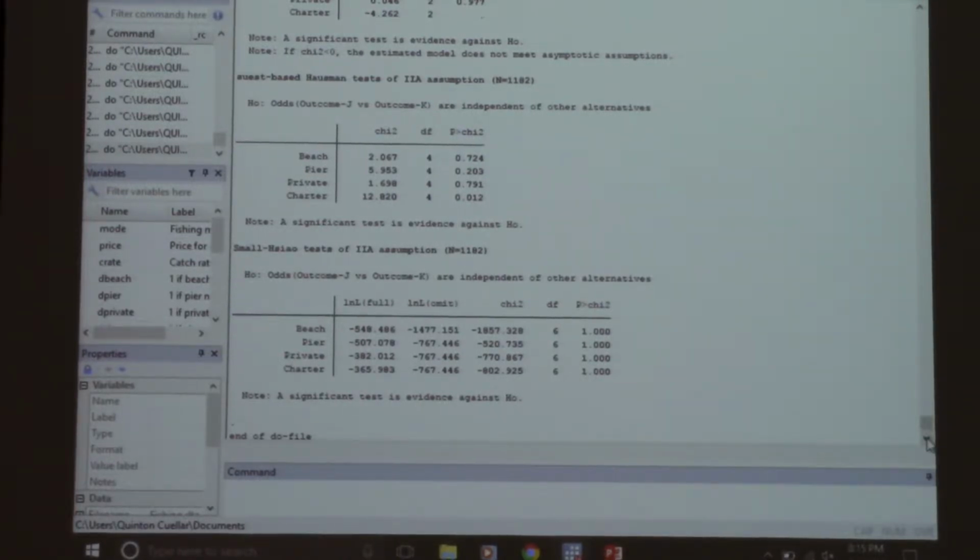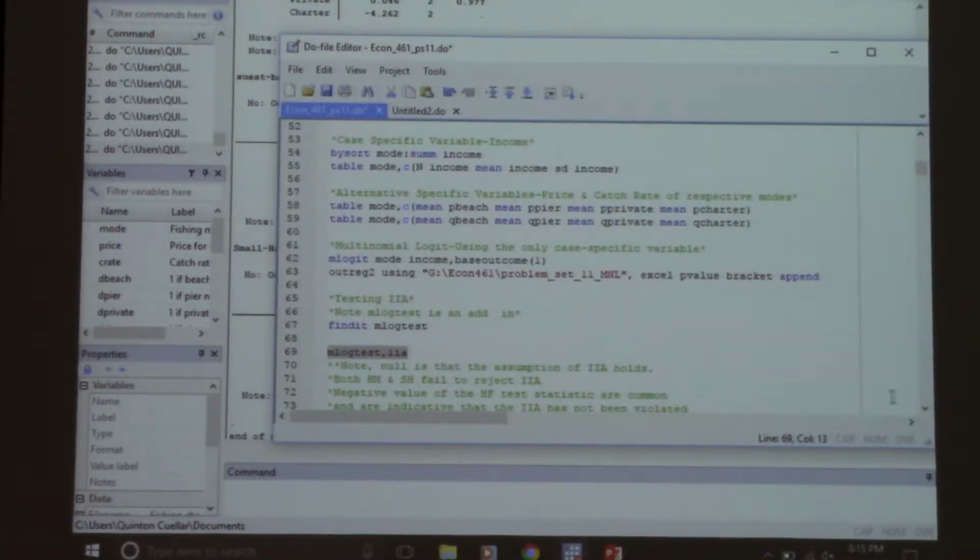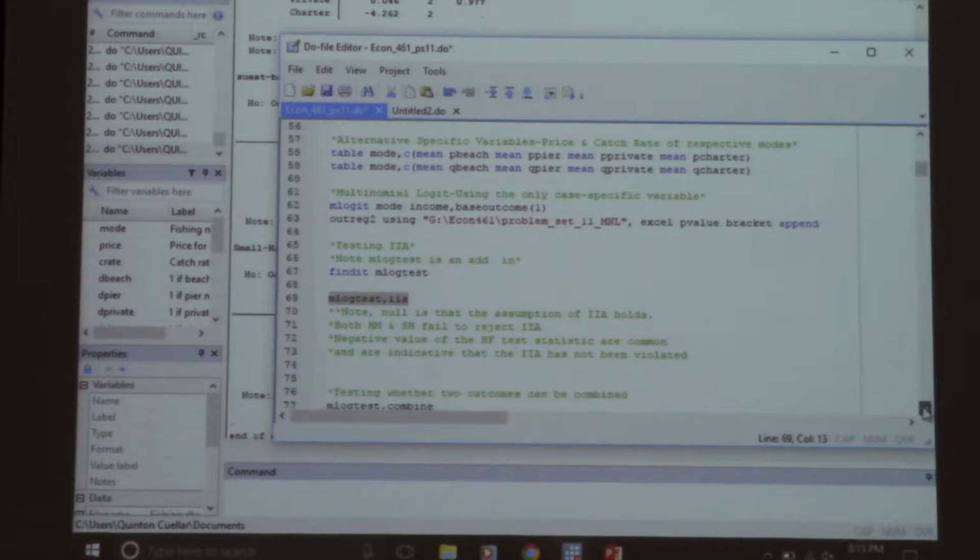It doesn't make sense. You would think that these things are substitutes, that at least fishing off the pier and the beach are probably substitutes, and then fishing off your own boat and hiring a charter are probably substitutes. Here they're finding no problem with it. Again, we know they're subject to lots of problems.